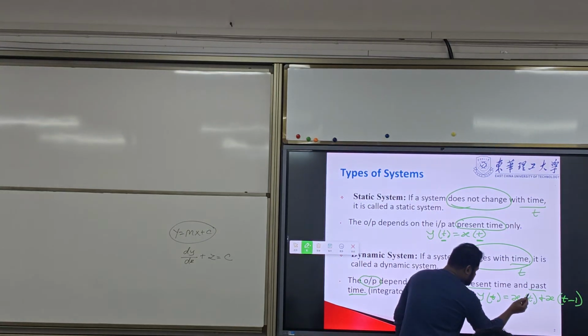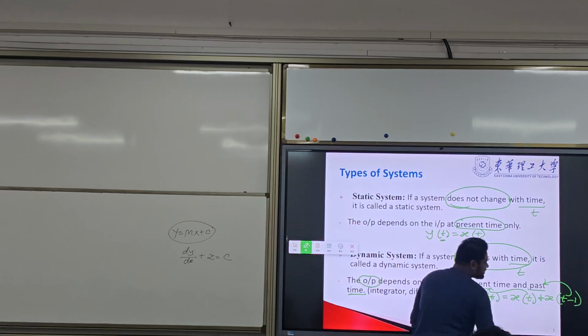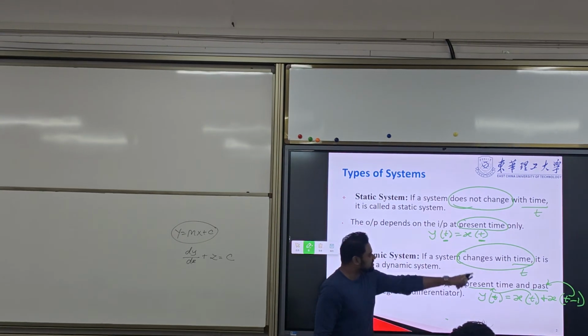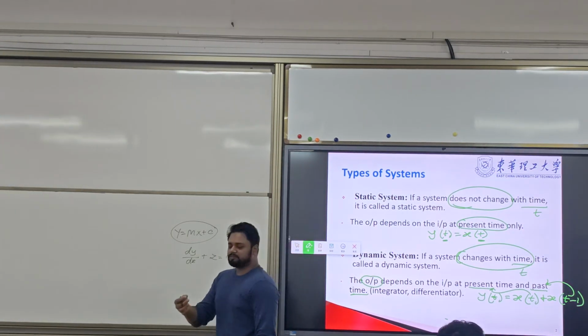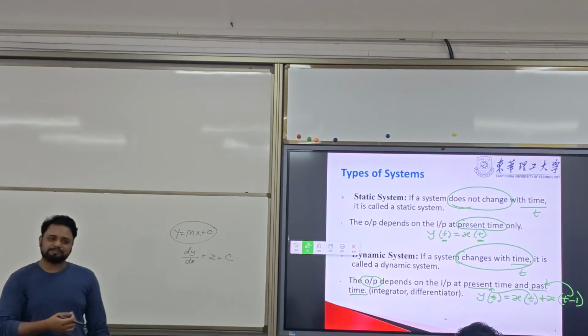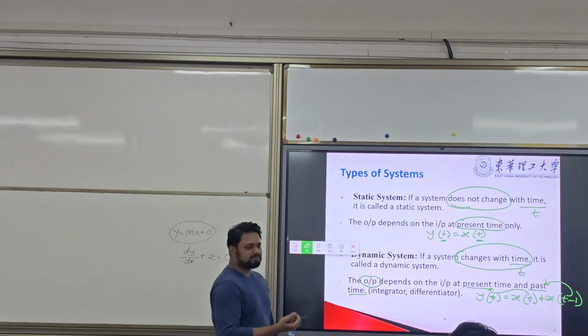This is the present input, and this is the past input, t minus 1. This is a dynamic system. The earlier one is a static system. A system that only depends on the present input we call a static system, and a system that depends on present and past input we call a dynamic system.